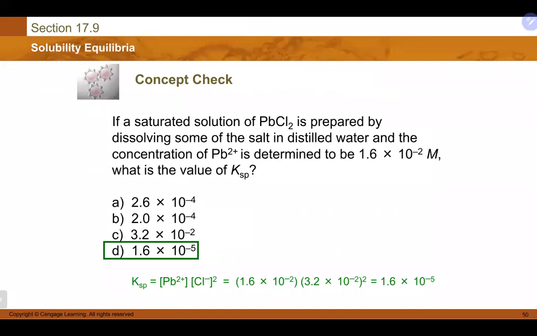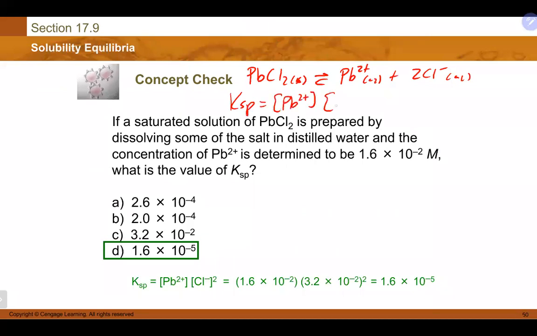For example, if a saturated solution of lead 2 chloride is prepared, it will break apart into a lead ion with a +2 charge and a couple of chloride ions. The KSP would be our products divided by our reactants, but once again, this is a solid, so it would not be included.